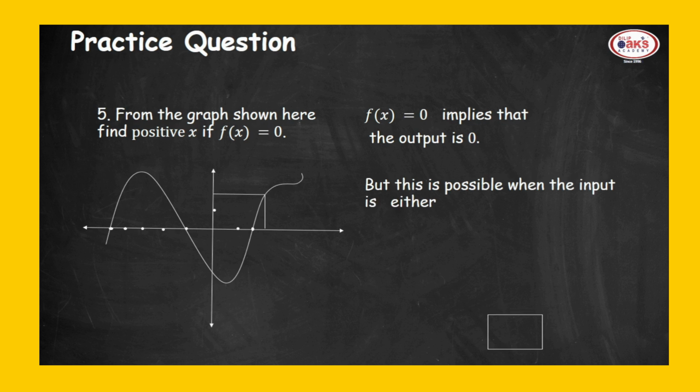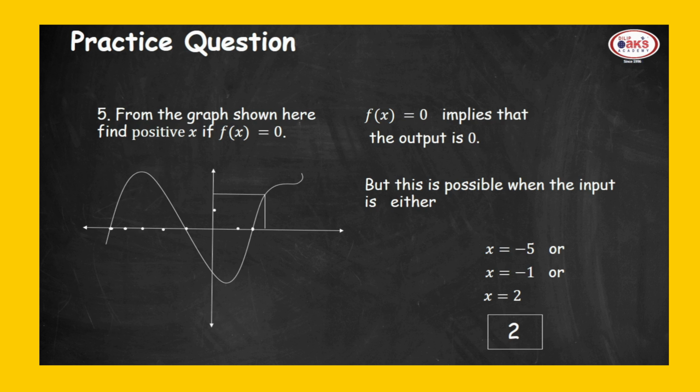But a very simple observation here tells you that the graph is intersecting the x-axis at points which are either x equal to minus 5 or x equal to minus 1 or x equal to 2. But since the question is asking you to find only the positive value of x, once again we will submit 2 in the numeric entry field provided and conclude this question successfully.